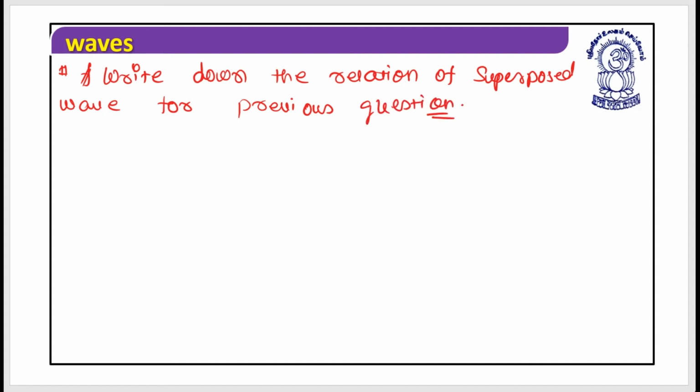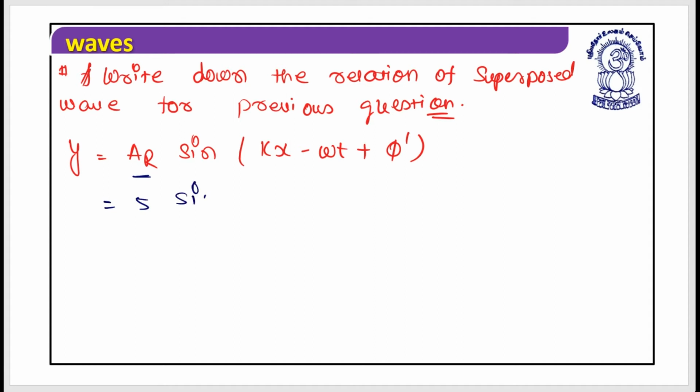I hope this is clear. So when I superpose it, I must get AR sine kx minus omega t plus, let's say, phi dash. So I get this AR, and that was 5. This is equal to 5 sine kx minus omega t plus phi dash.